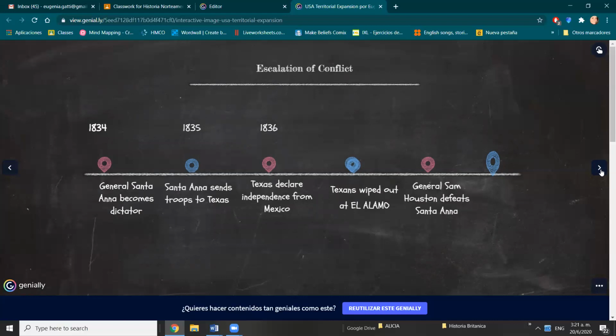And he will send troops to Texas to crush the rebellion, these people that were already protesting against the policies, and even more so now that Mexico is not a democracy but a dictatorship. And we'll see that by 1836, the province of Texas declares independence, and war begins.